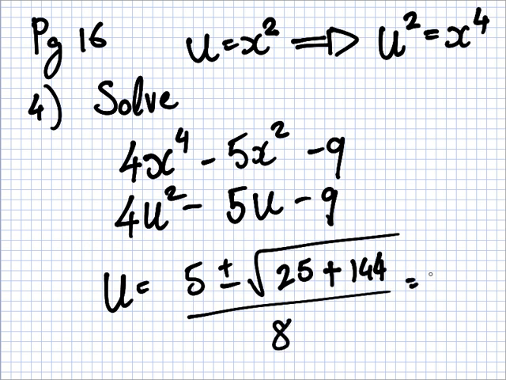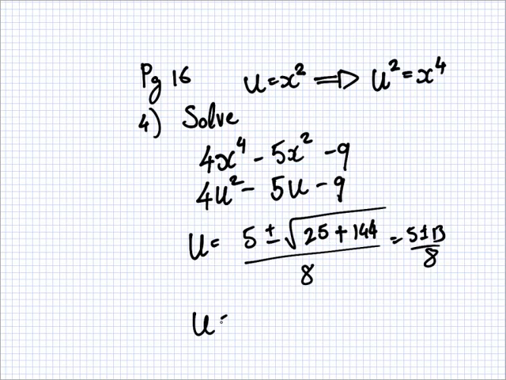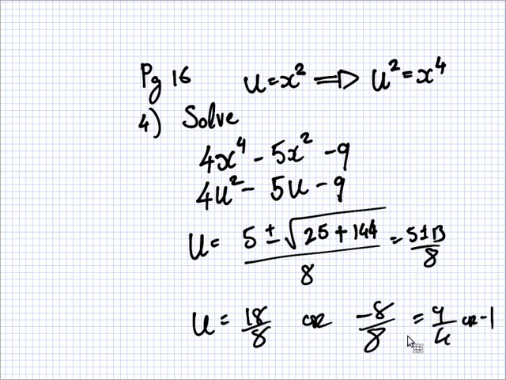So it's 5 plus or minus 13 over 8. So u equals 18 over 8 or minus 8 over 8, which is 9 over 4 or minus 1.